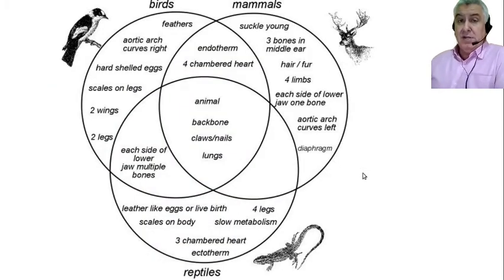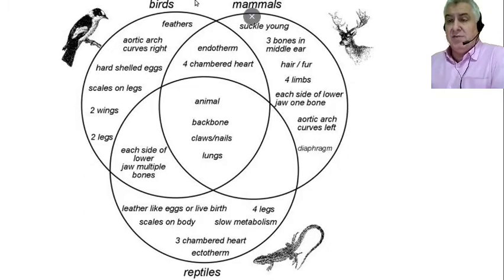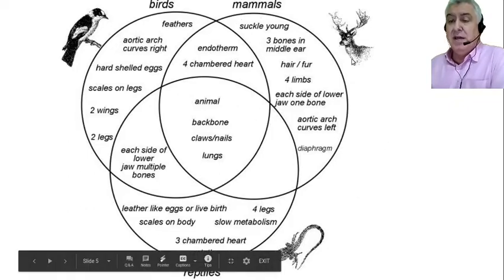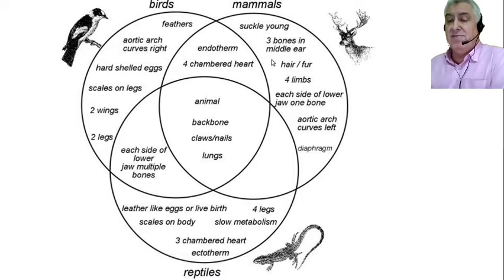And we can have more than 2 sets of things. So over here, I'm still in science, because I think you guys will understand this a little bit more easily than with just numbers. I'm comparing the set of bird characteristics to the set of mammal characteristics to the set of reptile characteristics. And so we can see birds have this stuff, and mammals have this stuff, and reptiles have this stuff. And we can pretty easily see birds and reptiles both have these characteristics: lower jaw, multiple bones, backbone, claws, nails, lungs.